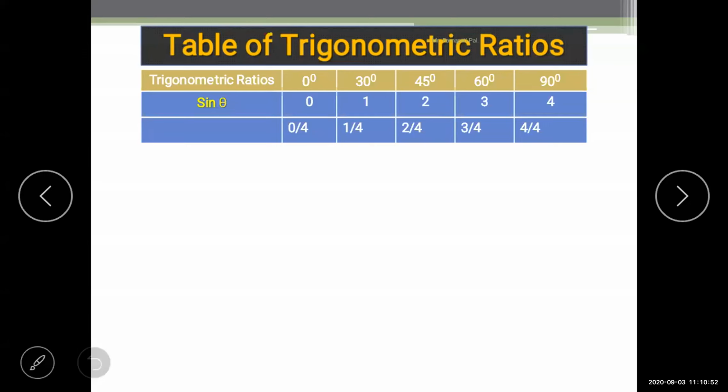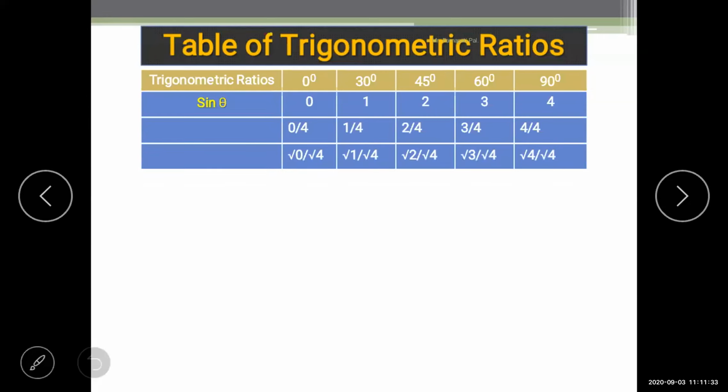So 0 upon 4 is what? Tell me fast. 0 upon 4 is what? 0. Correct. Under root 1 upon 4 is what? Yes, 1 upon 2, because 4 is a perfect square. Then root 2 upon 4.